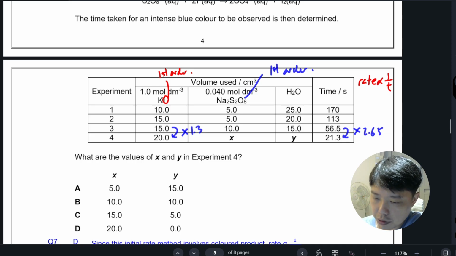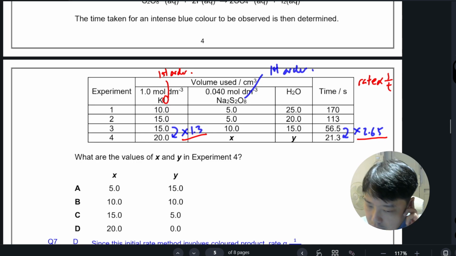Because 1.3 times, in order to get to 2.65 times, you need to double this rate. So to double this rate, you will need 20 cm cube, and then water you will need to put at 0, because total volume, right, is fixed at 40. Okay, so our answer here should be D.